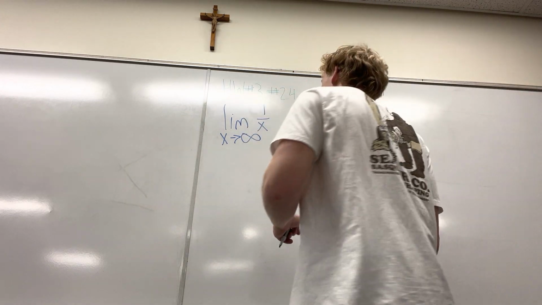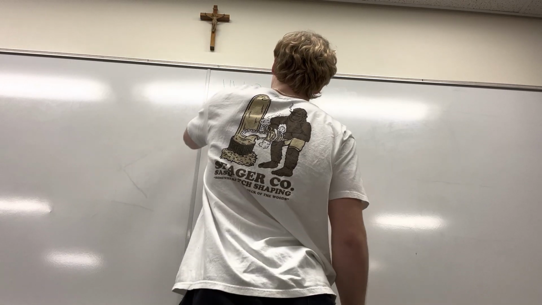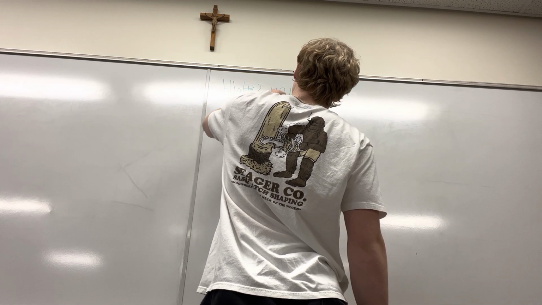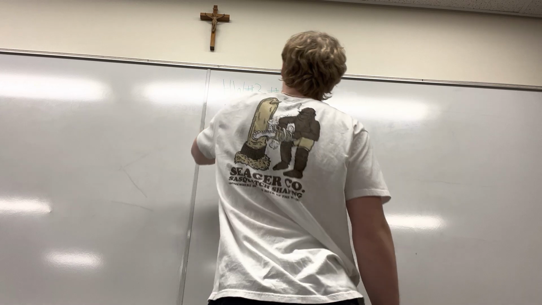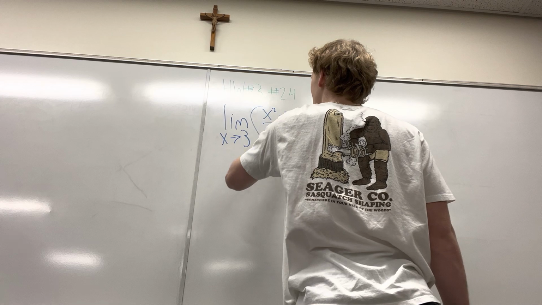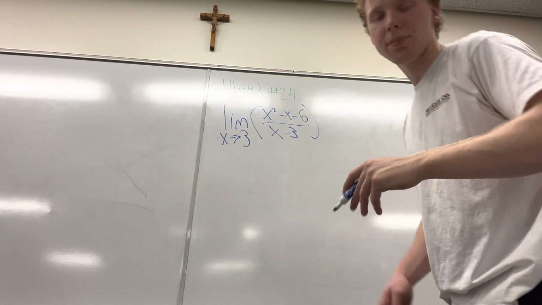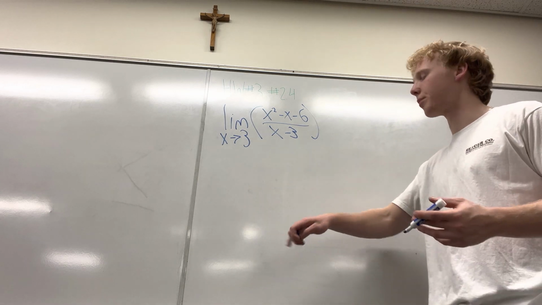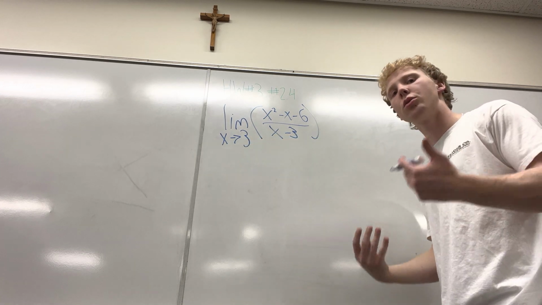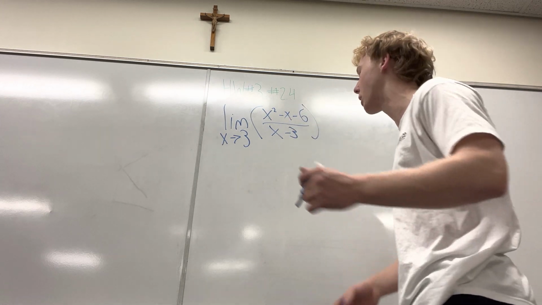Take, for example, the limit as x moves to 3 of x squared minus x minus 6 over x minus 3. And what we're looking for from this problem is what is the limit of this function as we move to 3 specifically, not to infinity. We're not looking for the long term here. We're looking for this point, what is around this point.